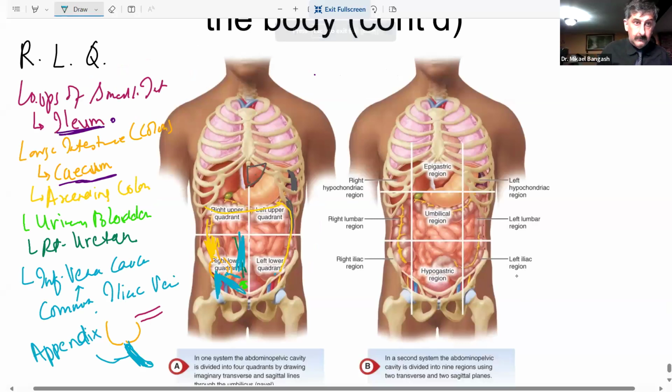Now, ladies and gentlemen, let's try to do what we did earlier, but we're going to now do that with our regions.